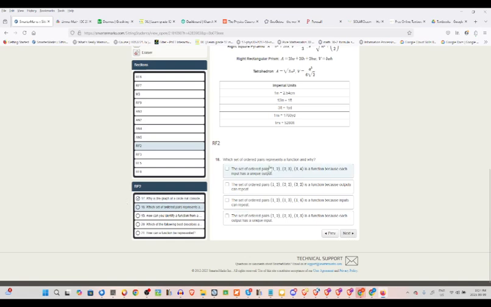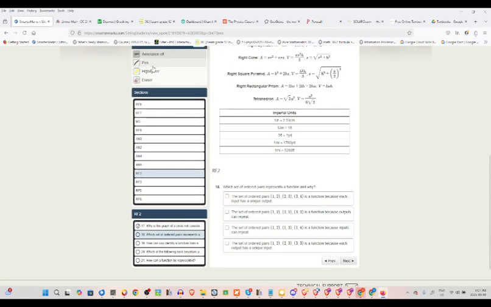The set of ordered pairs that represents a function, well, it's going to be one that does not repeat the x values. If we have repeated x with different y, then that is out. So C is out. Now, the set of ordered pairs is a function because outputs can repeat. Well, outputs can repeat is true.